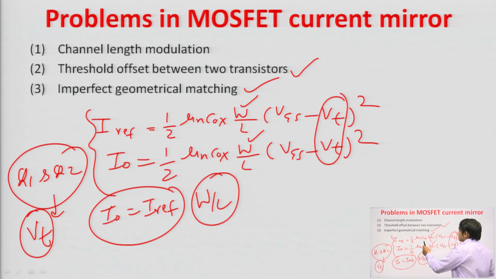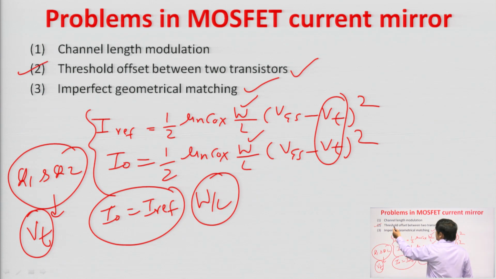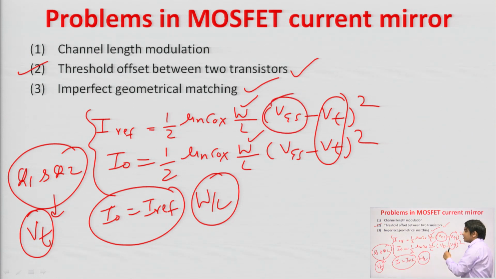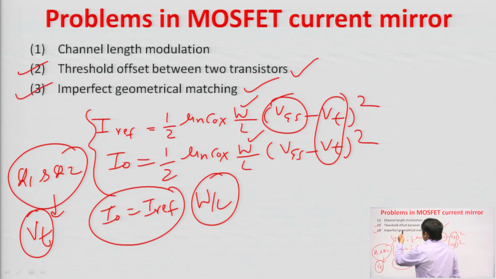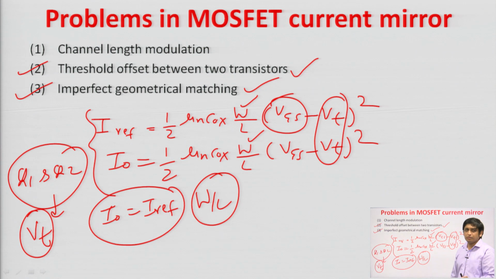In the second issue, that is the threshold offset between two transistors, to combat this, what we can do is increase the value of VGS. Then this variation in VT will be slightly less dominant, but increasing VGS means higher current. That is one solution. In imperfect geometrical matching, we can increase the W by L ratio.